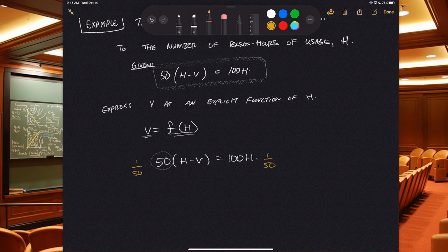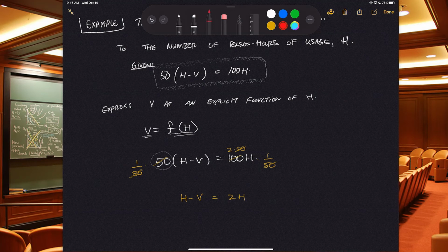Since the multiplication trumps the subtraction over here, this multiplication would happen here, and I would just be left with h minus v on the left. And then 1/50 times 100h will cancel with a factor of 50 and leave me with 2. So I'll be left with 2 times h on the right and h minus v on the left. Right? Because we divided both sides by 50 using the balance principle.